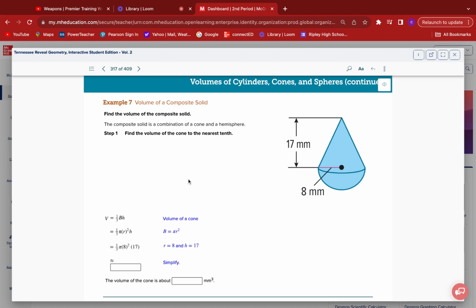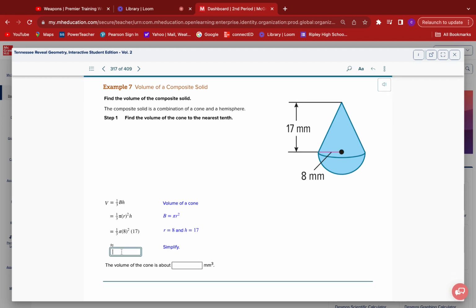All right, what do they do first? They want us to find the volume of the cone. Okay, lovely. They gave us the true height, and 8 is our radius. So no trick there. 8 squared times 17 for the height. Don't forget your 1/3, and then pi. All right, so it looks like the volume of the cone itself is 362 and 2/3, repeating 6.